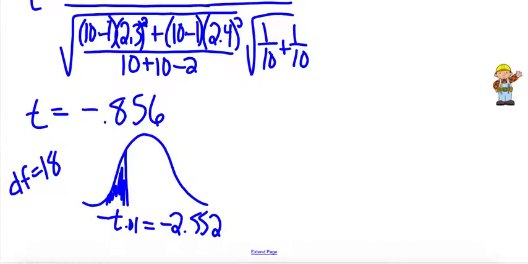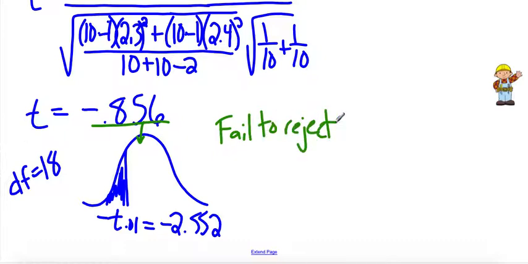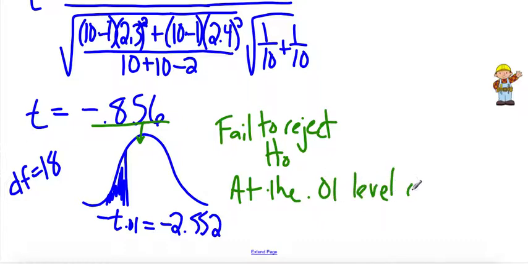Now, our t statistic falls right about here. That is not in the rejection region, so we are going to fail to reject H sub 0. So what this means is at the 0.01 level of significance, I'm going to do a lot of abbreviating here.